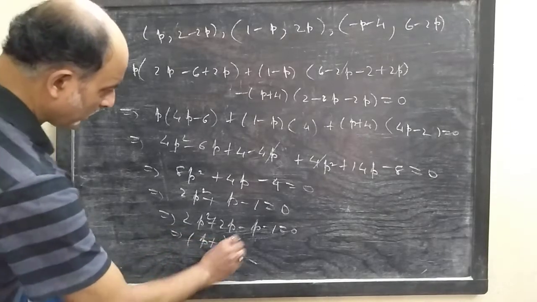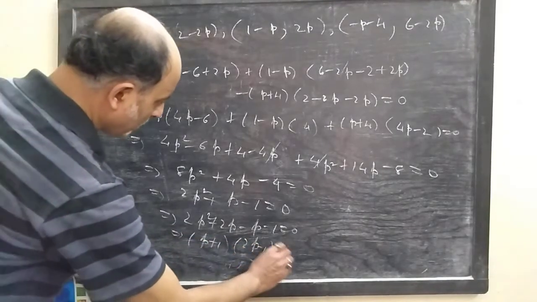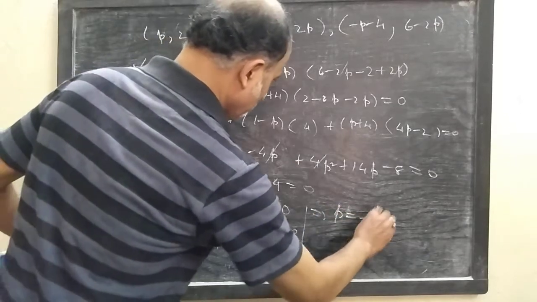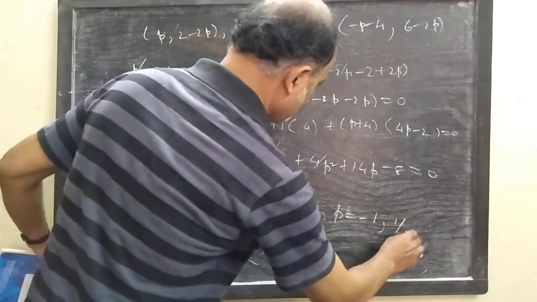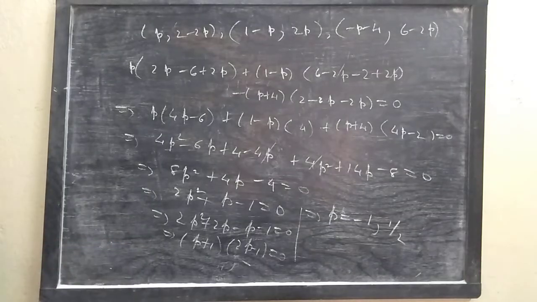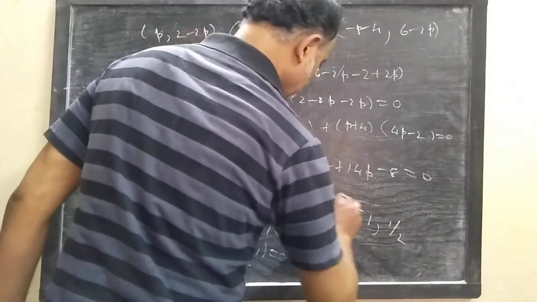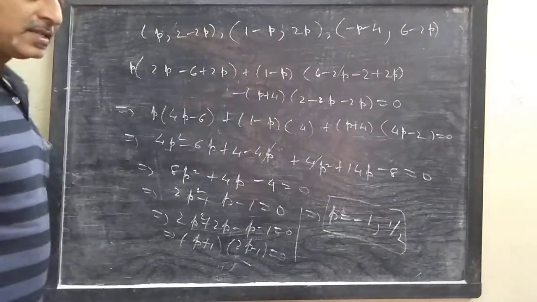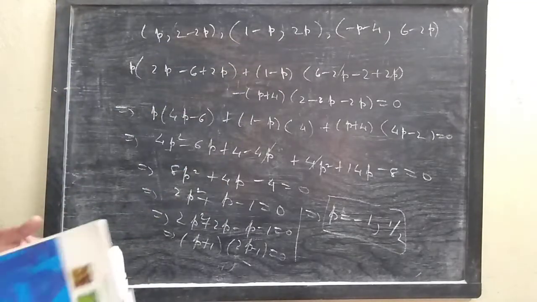This gives you P plus 1 into 2P minus 1 equals 0. So ultimately you get P equals to minus 1 or half. So these are the possible values of P for which these three given points are collinear.